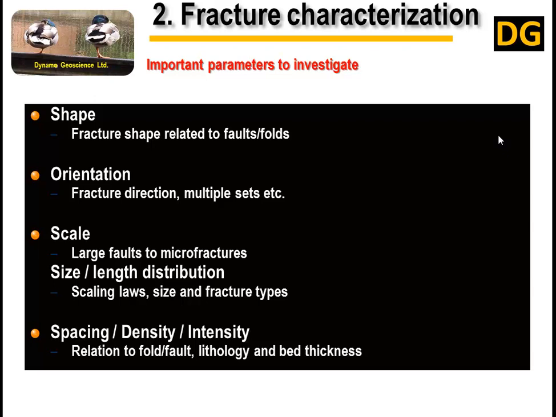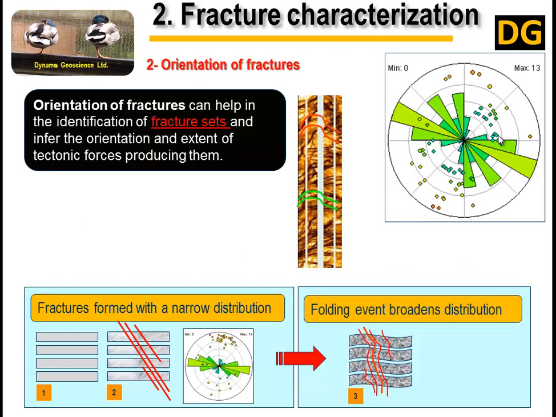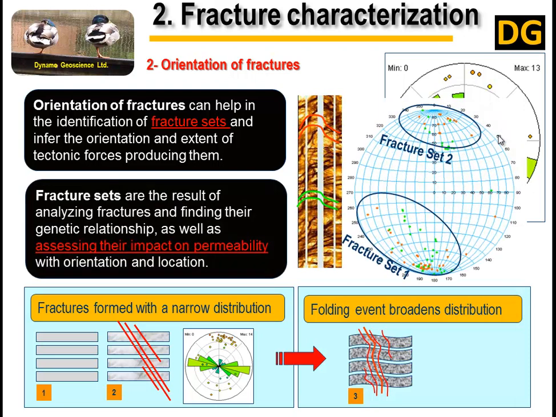So I'm going to browse them in brief and quickly as follows. Shape is divided into 2 categories: unconstrained and constrained. Orientation of fractures, in order to identify the fracture sets, then assessing their impact on the permeability, which is very important.